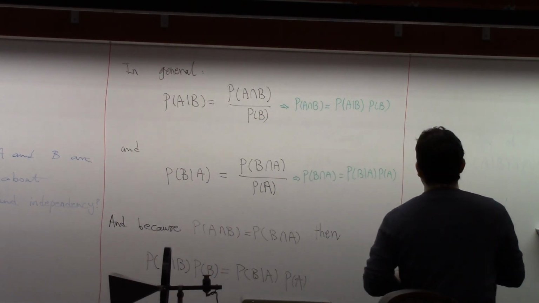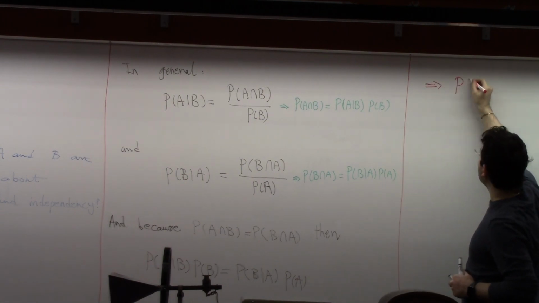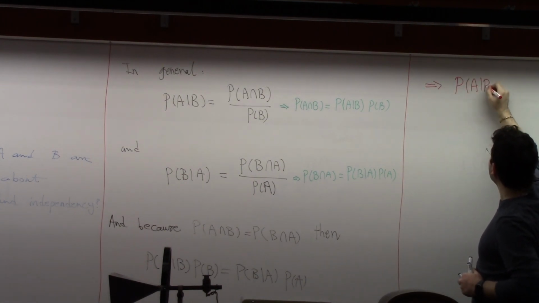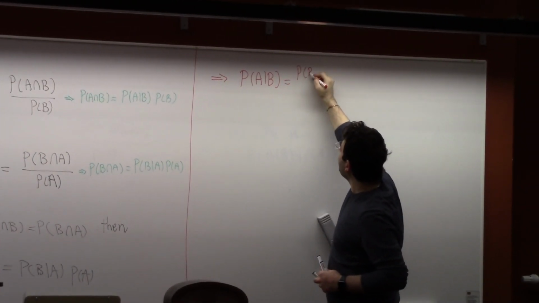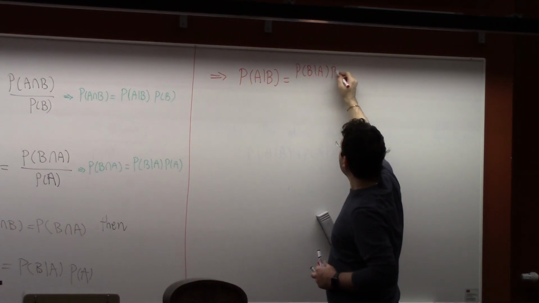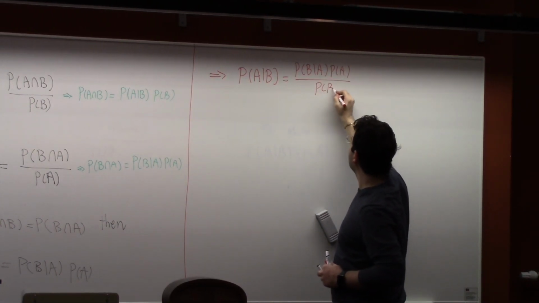Which means the probability of A given B is equal to the probability of B given A multiplied by the probability of A divided by the probability of B.